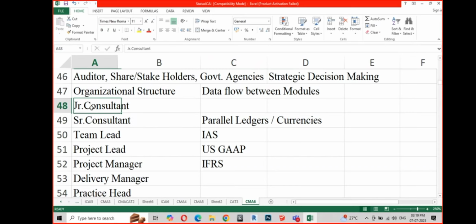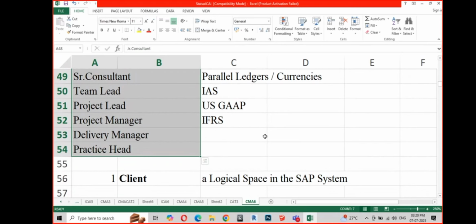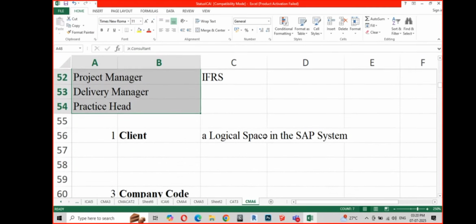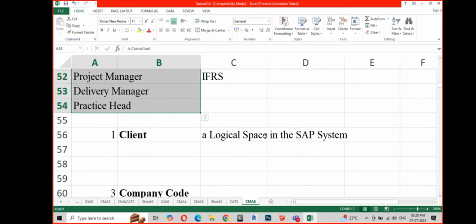Correct? Now, the data flow hierarchy starts from a concept or a term called client. I will show you once I get hold of the SAP system. I don't know when we'll all be getting the SAP system, right? So what is a client?